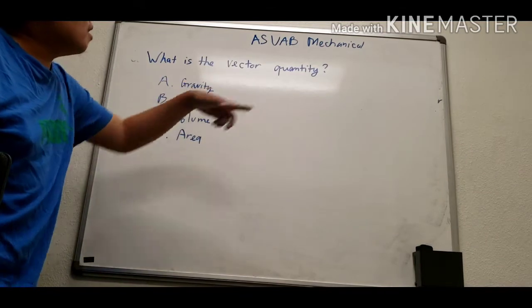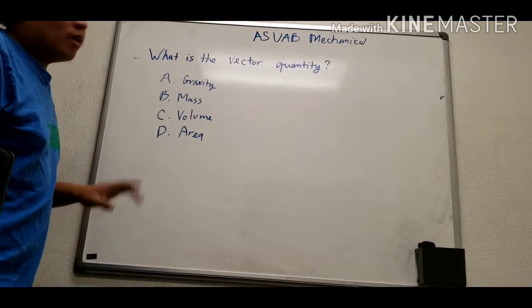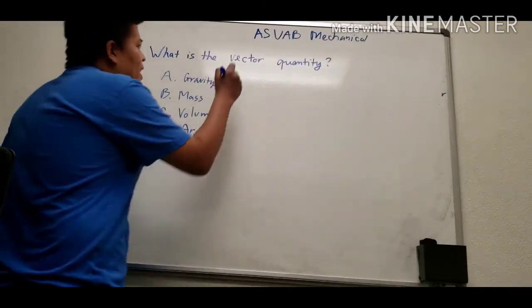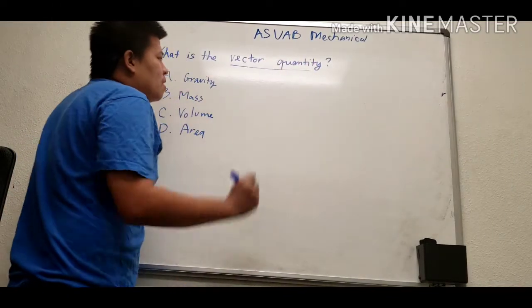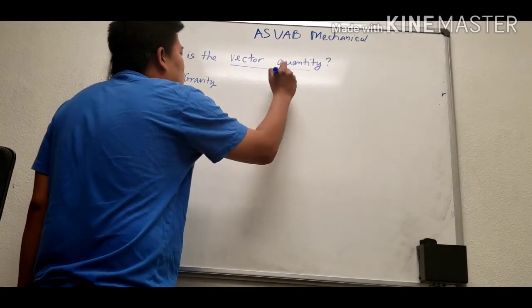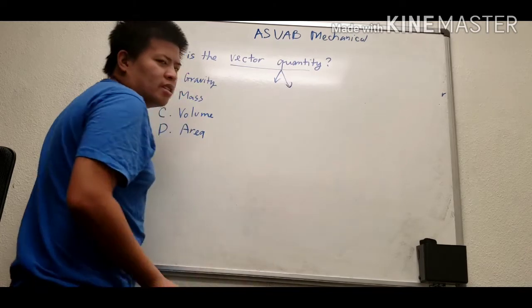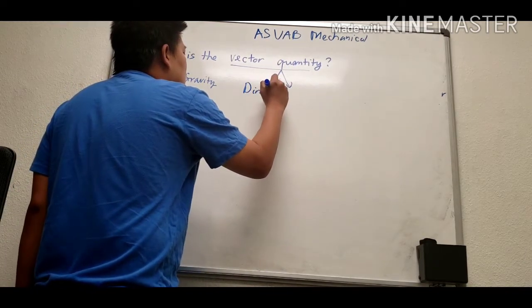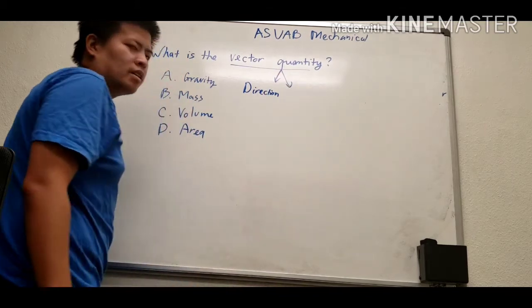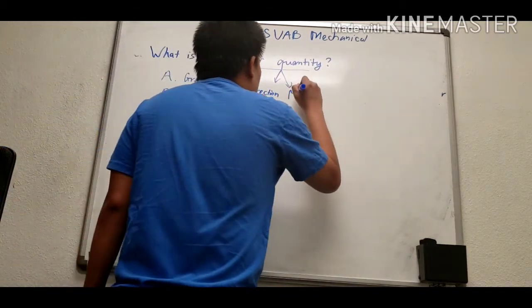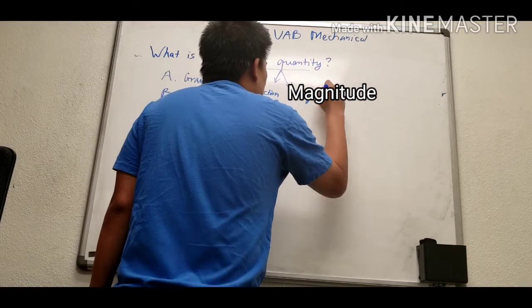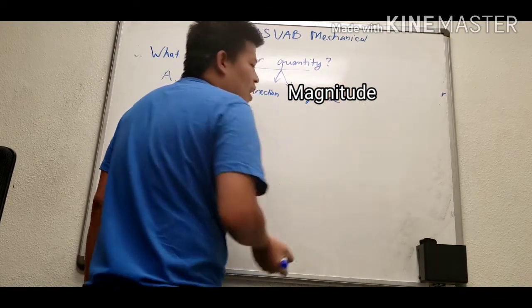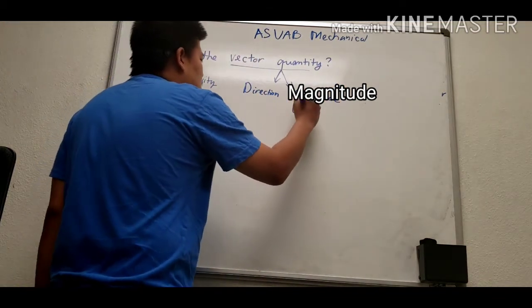A question on the real ASVAB: what is the vector quantity? If we want to know about the vector quantity, we need to have two things. First, the direction. The second one is magnitude, just like how large.